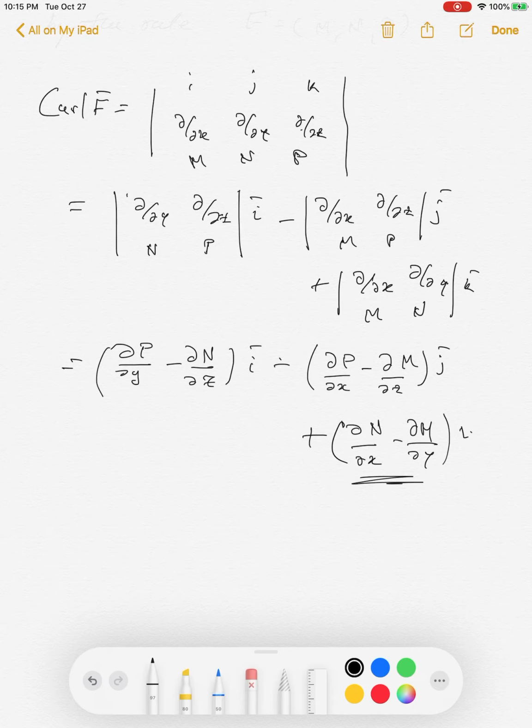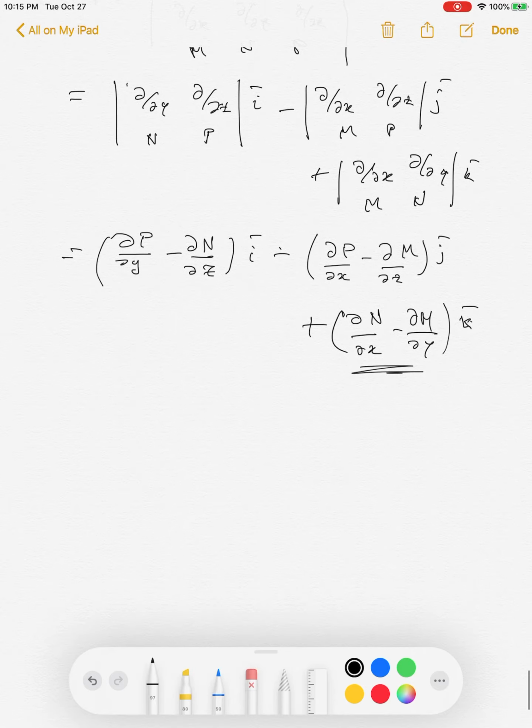This is your familiar guy here. In 2D you will see that this is what curl turned out to be. The other two components will be 0 for a two-dimensional vector field. We'll come to that in a minute. But this is the definition of a curl of a vector field.